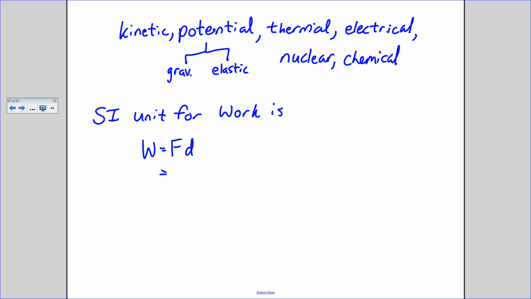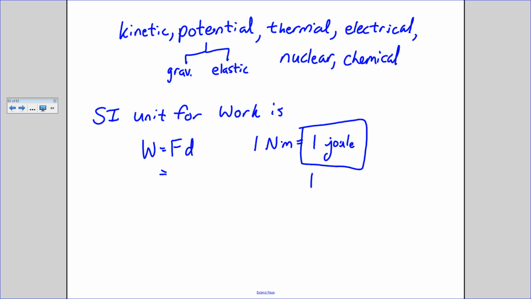So newtons times meters. So the unit is 1 newton meter. Sometimes you'll see it written that way, but usually when you see work, you'll see it as a joule. So the SI unit is the joule, and it's the equivalent of a newton meter.